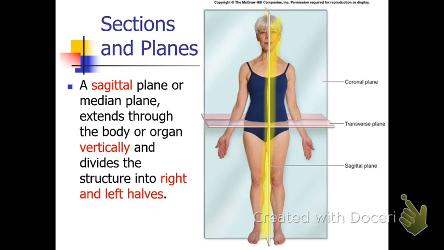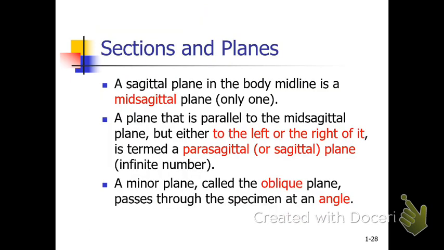In fact, if the line goes directly through the perfect middle of the body and divides the body into perfect left and right sections, there's a special term for that, and that is mid-sagittal. So mid-sagittal is when you are down the theoretical perfect middle of the specimen. And the other left or right sections you'll sometimes see called parasagittal. But to be honest, typically you'll just see sagittal. But parasagittal you might see occasionally.